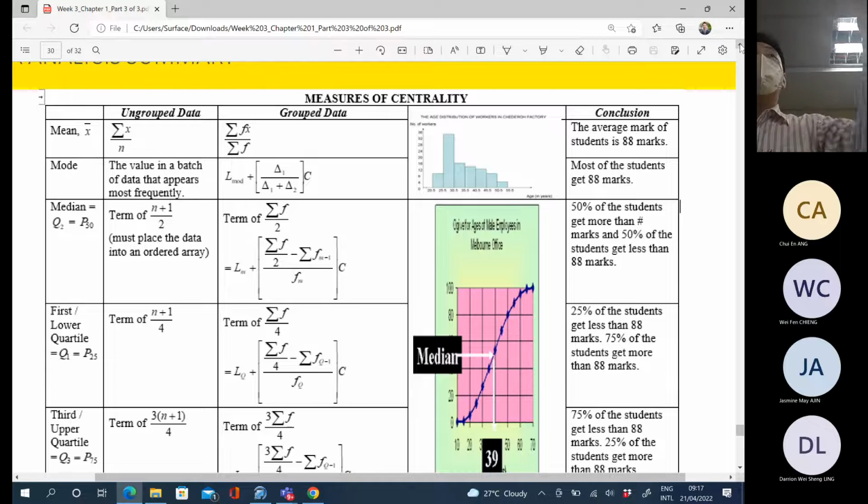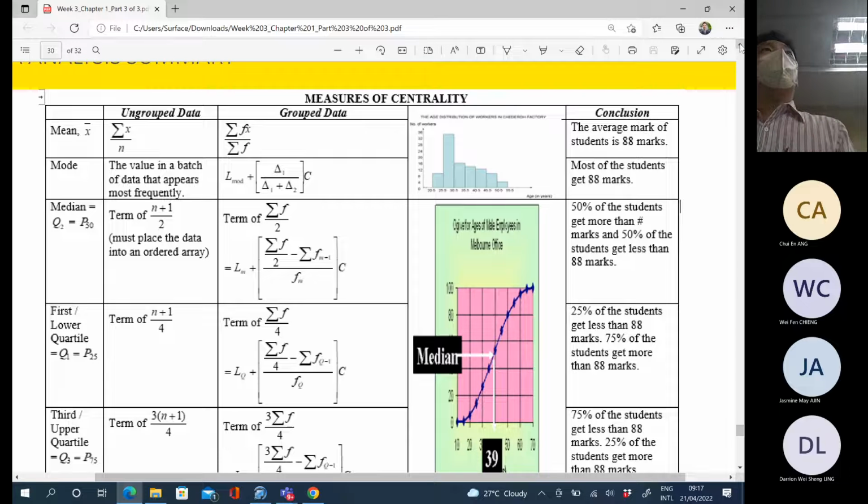The keyword is average. You can say on average, for this question about the test mark of the student, each student scores 88 marks in the mathematics test, for instance.